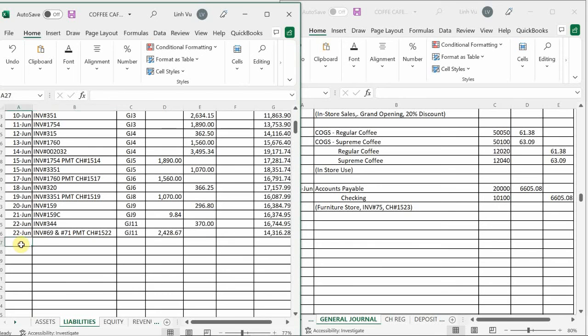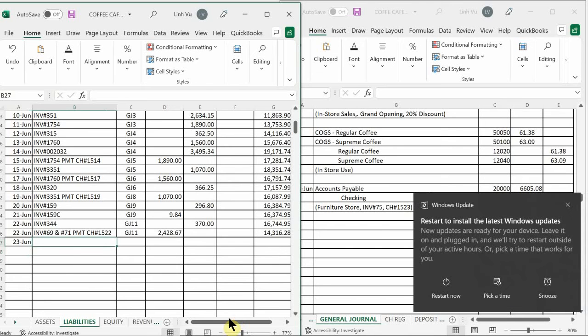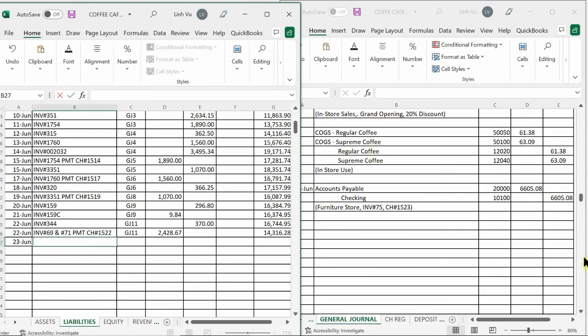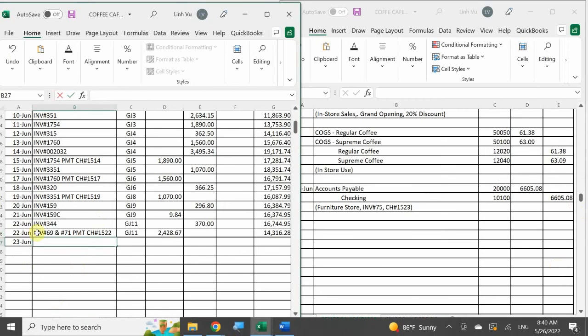So here I made a payment, 6/23 payment. Okay, so it says right here, invoice number 75 payment, all right, because we paid with check 1523.